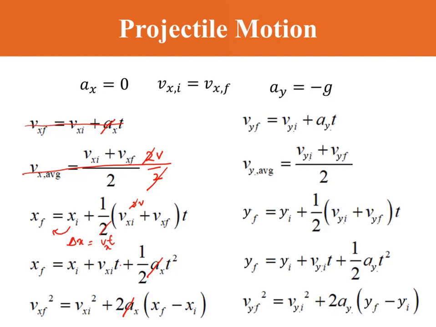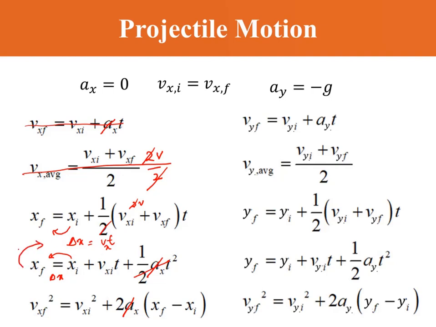This equation is actually the same as the equation above. If you look back, this goes back here and this can be cancelled, so delta x equals vx t. These two equations are the same.